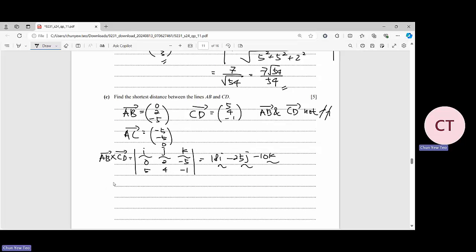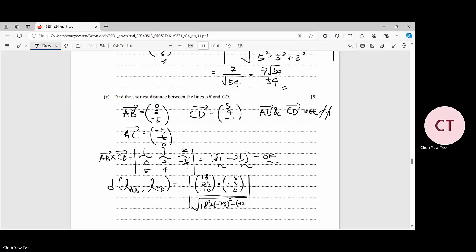Then the shortest distance between line AB and line CD is equal to the modulus of the dot product between the normal of AB and CD and AC, divided by the square root of 18 squared plus negative 25 squared plus negative 10 squared.